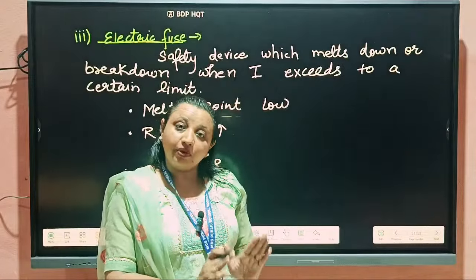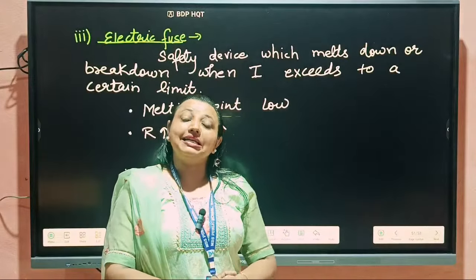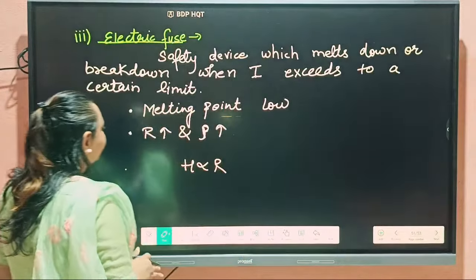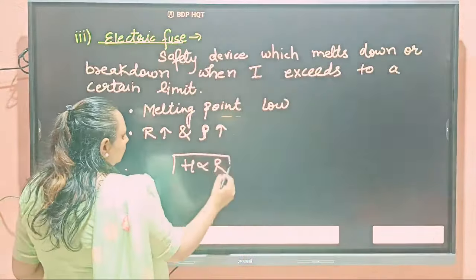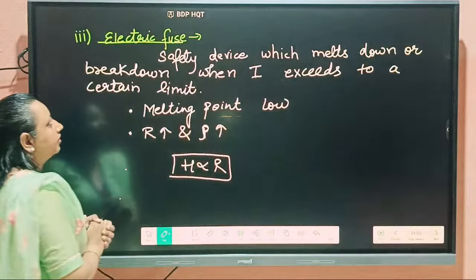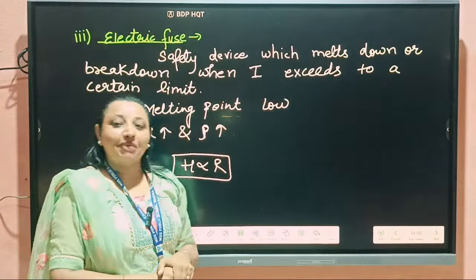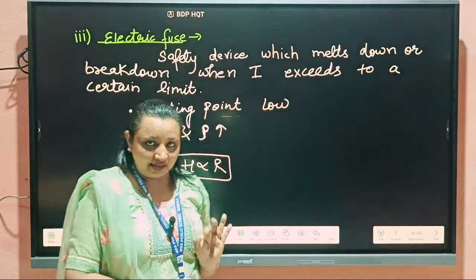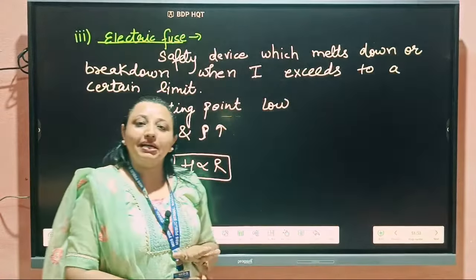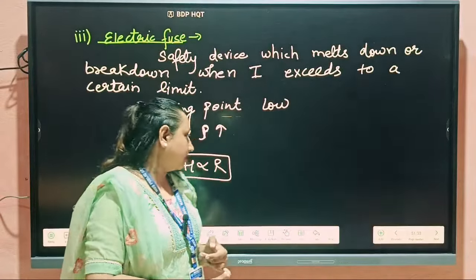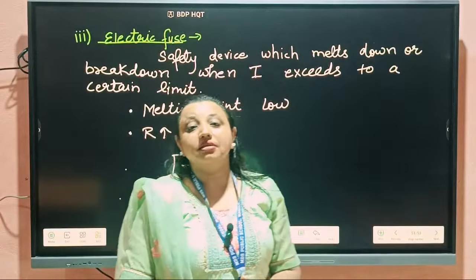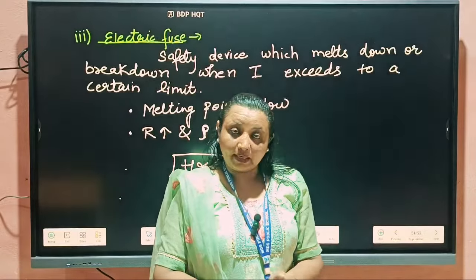So here the melting point must be low so that it can easily break when the current exceeds a safer limit, right? So electric fuse is a safety device which melts down or breaks down when the current exceeds a safer limit. It has low melting point but high resistance and resistivity. H is directly proportional to R. That's why resistance and resistivity must be high, right?